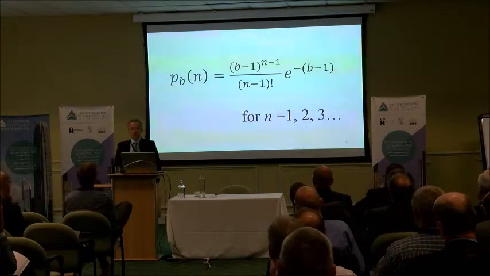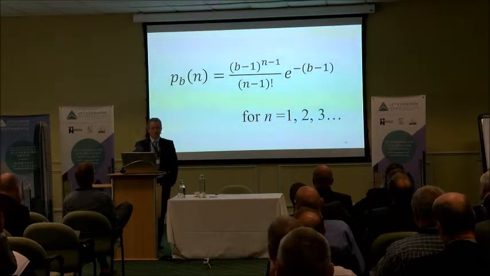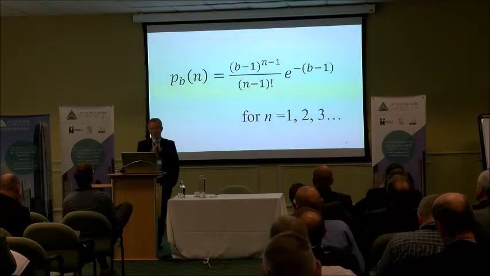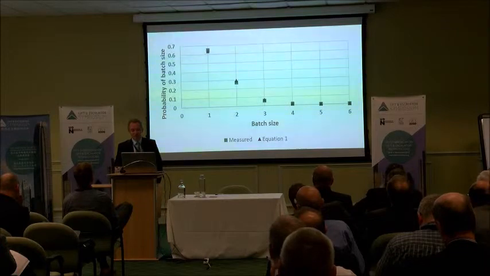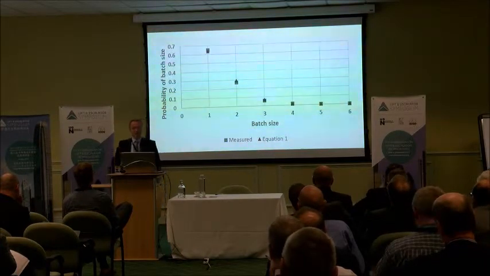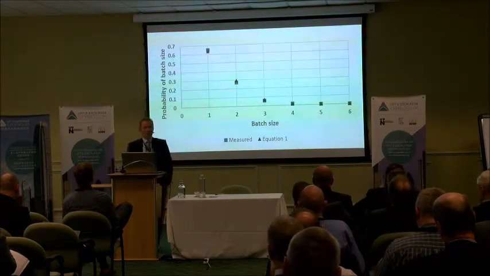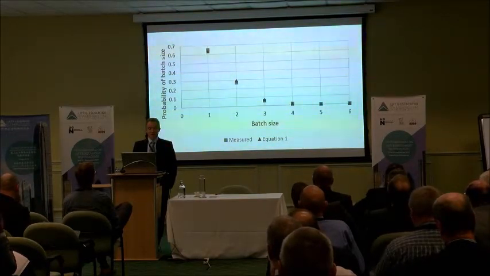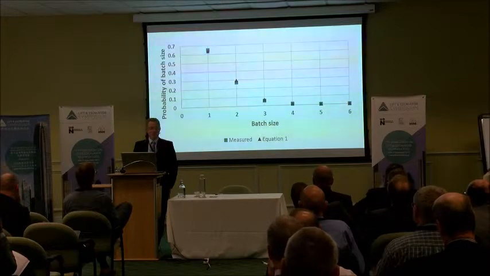What we thought is, could we use the Poisson formula to best fit batches based on the average batch size? The next graph shows the green as the measured batches, the actual number of batches we saw, groups of 1, groups of 2, groups of 3, and the equation is the black triangle.